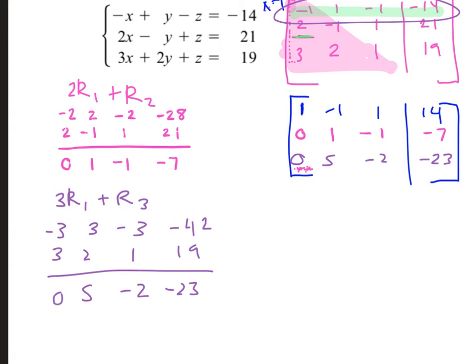So just a reminder, we want that diagonal of ones and zeros underneath. So right now I have a good first column, and I have a 1 there. So I'm set up. Now I want this number to be 0 also. So what do you think I can do to get that 5 to become a 0?